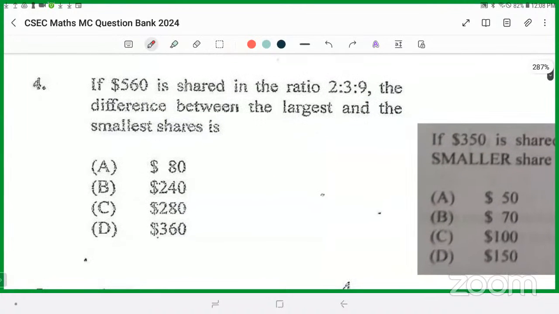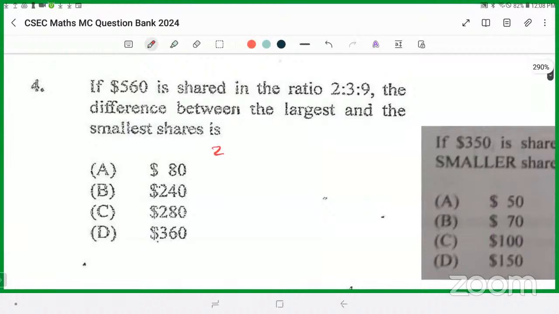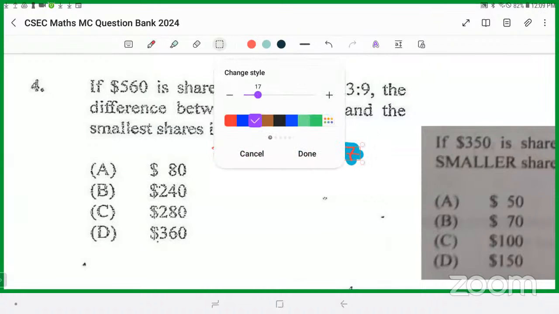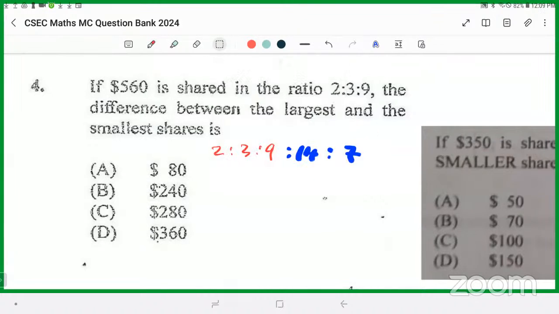I would say, okay, 2 to 3 to 9, and the total is 14. The difference between the largest and the smallest share is 7. So I'm extending the ratio to include those, writing them out in blue.